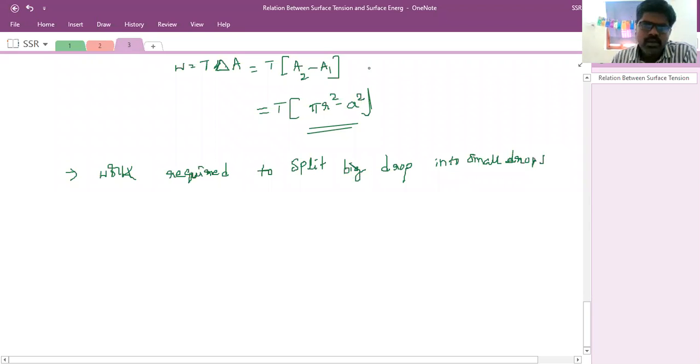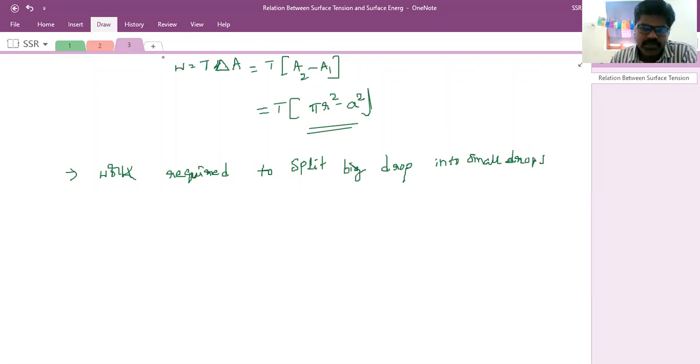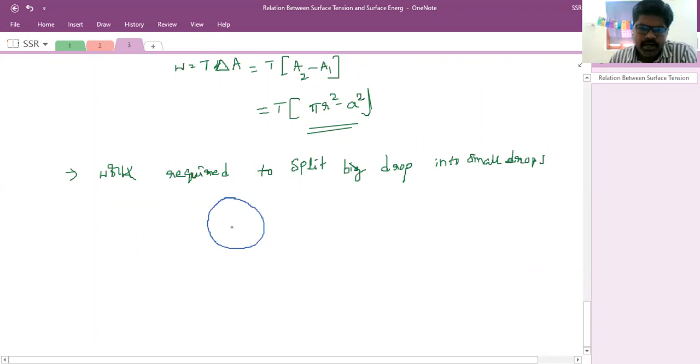Suppose you take a bigger droplet, let us say of radius capital R, and it forms smaller drops. Let us say there are n smaller drops, each of radius small r. Then what is the work required to split the bigger droplet of water into smaller droplets?